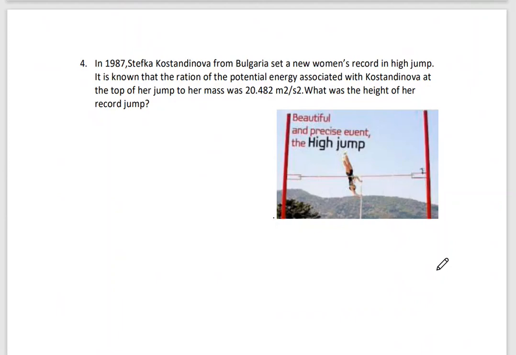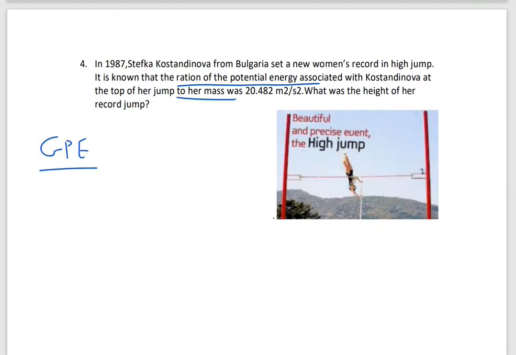It's known that the ratio of the potential energy associated with her at the top of her jump to her mass was 20.482. So that ratio between the gravitational potential energy and her mass m was 20.482. Okay, what was her height?